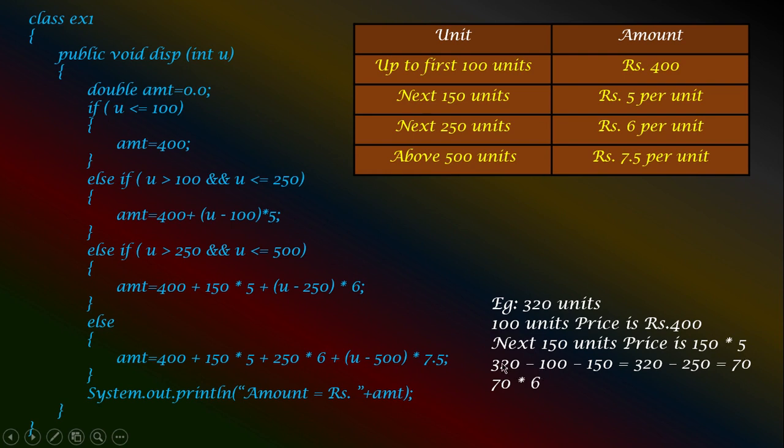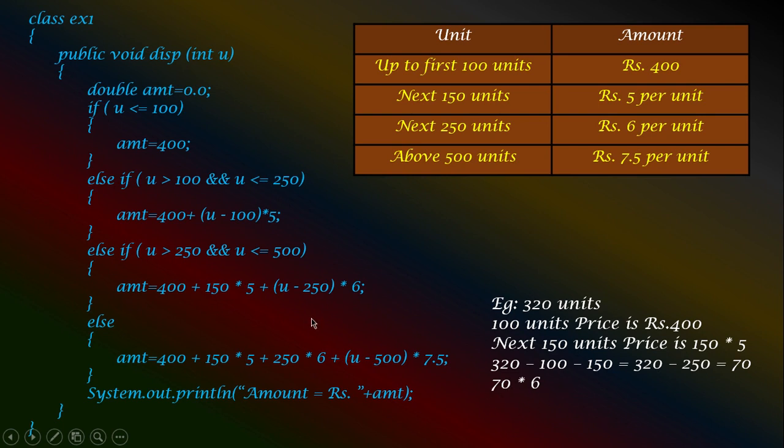And what is my remaining value here? So how will I calculate it? My unit consumption minus 100 and minus 150, that is 320 minus 250. So these 70 units exceed my 250 limit mark. So these 70 units will be charged at rupees 6 per unit.